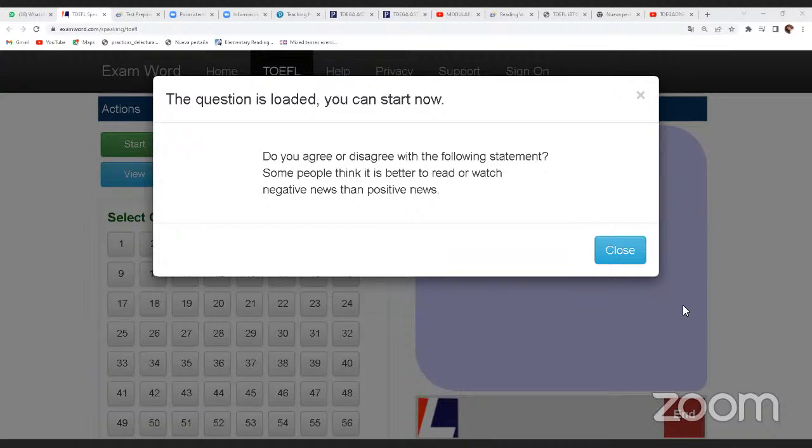Pero es cuestión de que en esos 15 segundos tomes ventaja y pienses rápidamente, incluso cuando vas respondiendo, cuando por ejemplo dices, I agree with the following statement about some people think it's better to read, y ya está ahí cortas. Entonces de ahí ya se te van apareciendo las ideas, qué idea principal podrías tener.